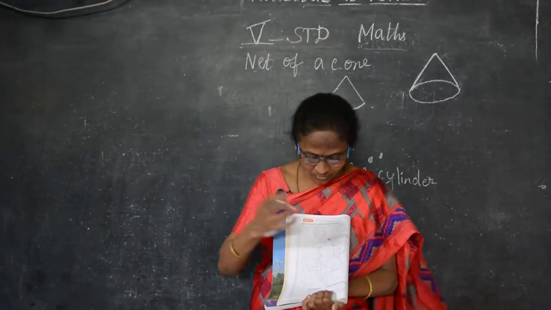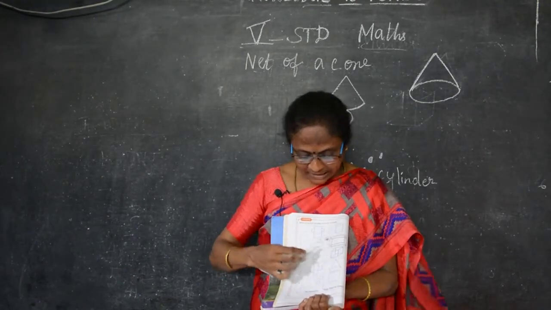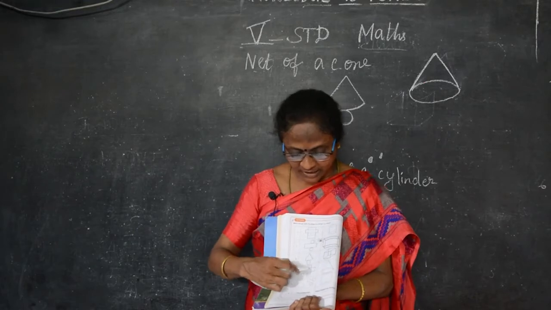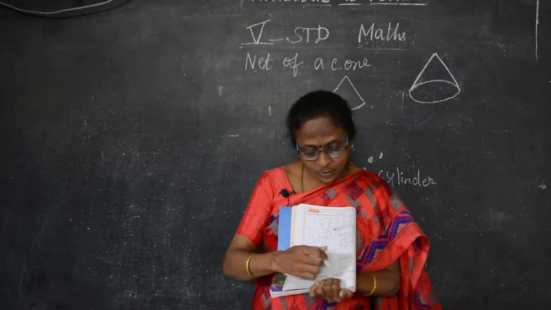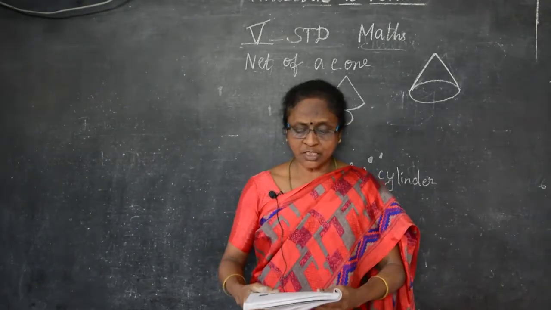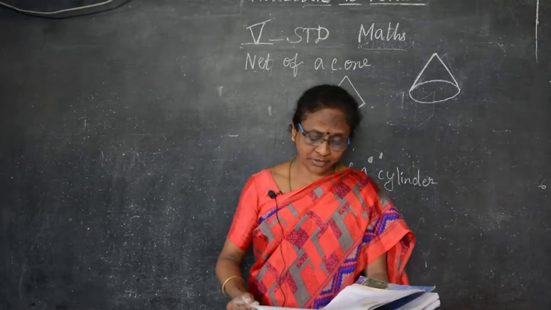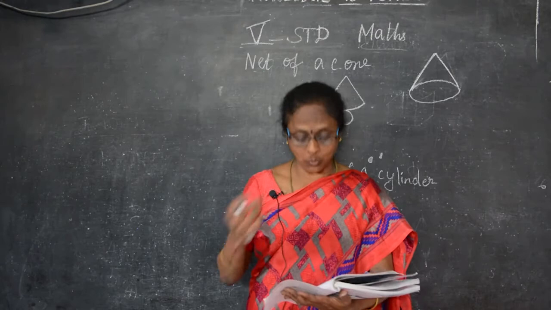This is the matchbox, and this is the net of a cylinder. This is the net, and this is the net of the cone, and this is the net of a cube. It's like a cube in shape, and this shape cannot be formed. This is not any shape at all. Can you understand? So this is the net of the cube, cuboid, cylinder and cone.